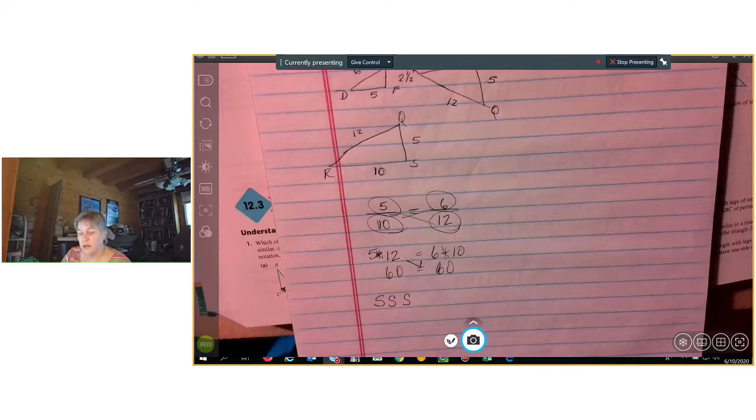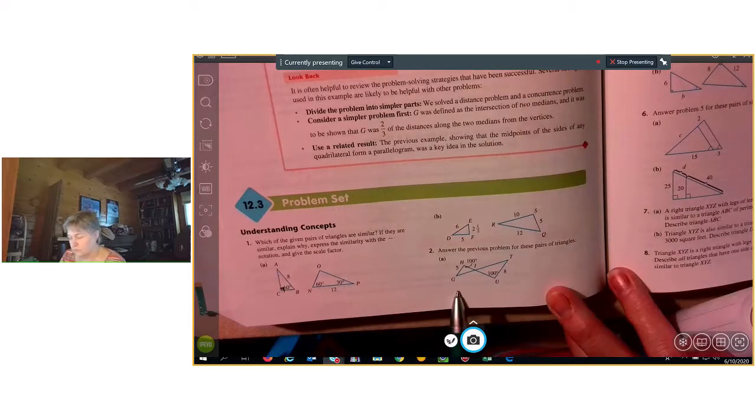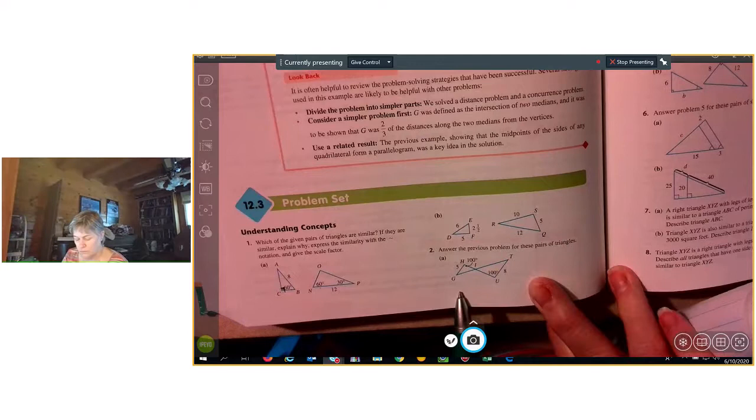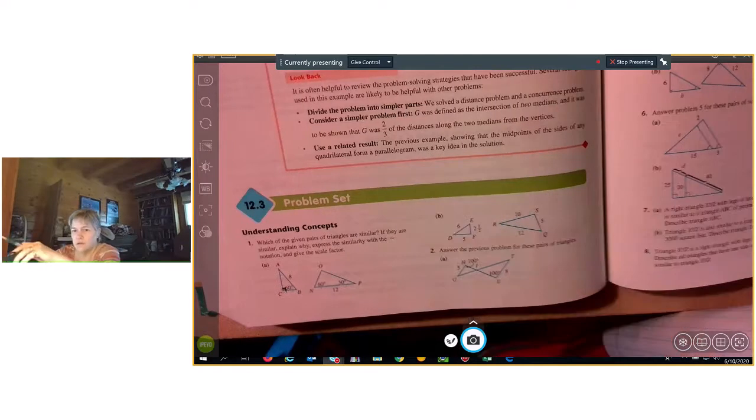So let's look at another set of triangles. And they're actually on 2 separate pages. So if you want to draw this one out, and then I'll see if I can get the others into it too.